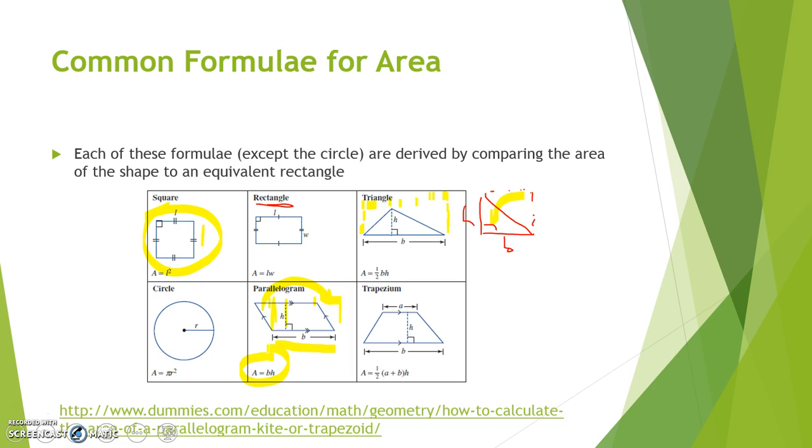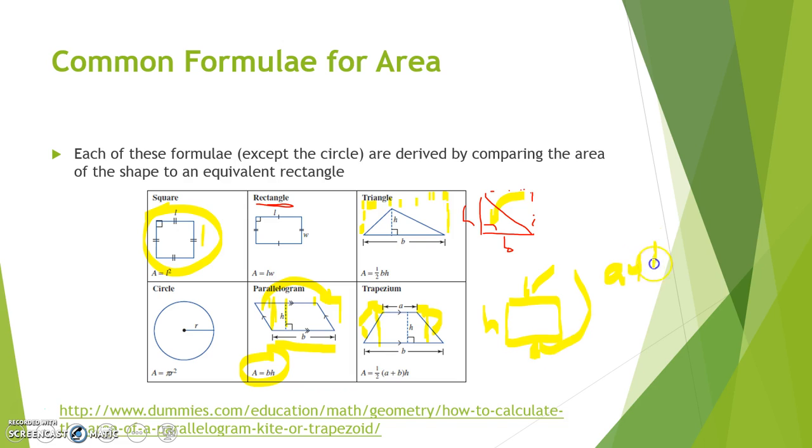Now trapezium is sort of similar. It's a bit hard to see this one. If we cut it sort of halfway down those diagonal slopes, that piece folds up in here. And this piece, same idea, folds up in here. And what you end up with is a rectangle, like so, where the width is h, and these two sides here, the length, are actually the average of the top and bottom.